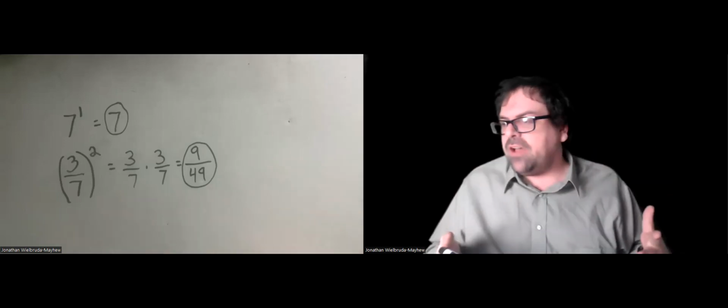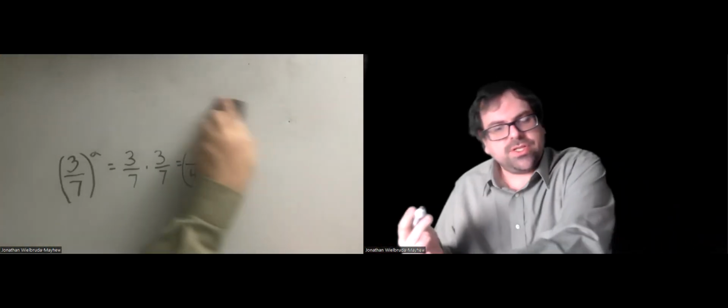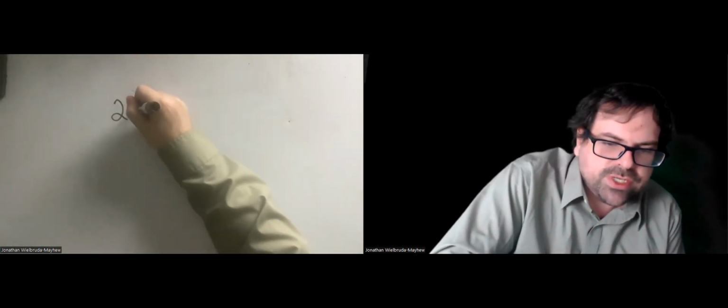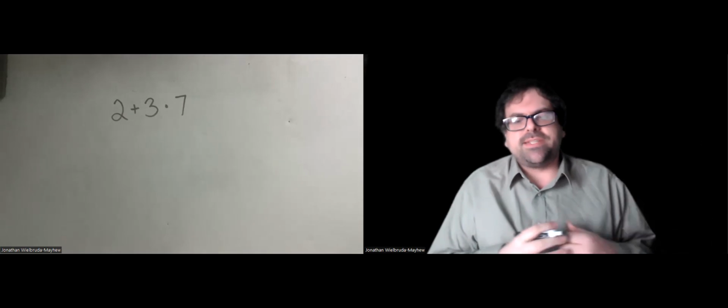So as we've been evaluating, I said it's all multiplication. We can just go from left to right. But what if we have a mix of signs? Stepping away from exponential notation, just to this problem here, 2 plus 3 times 7.